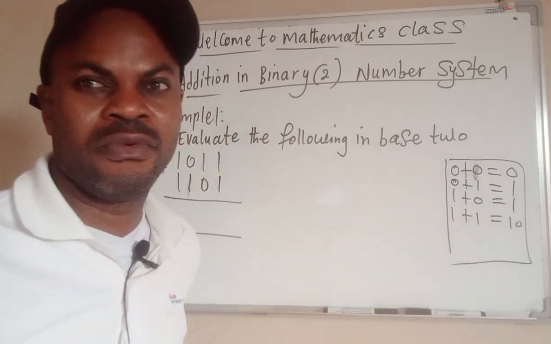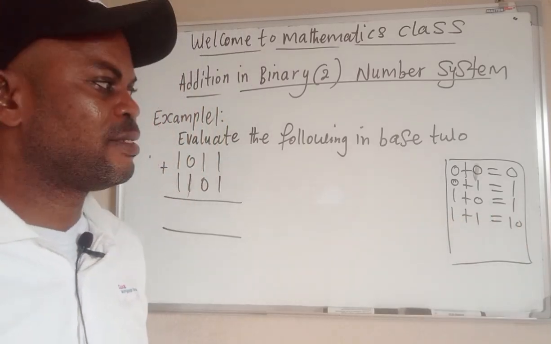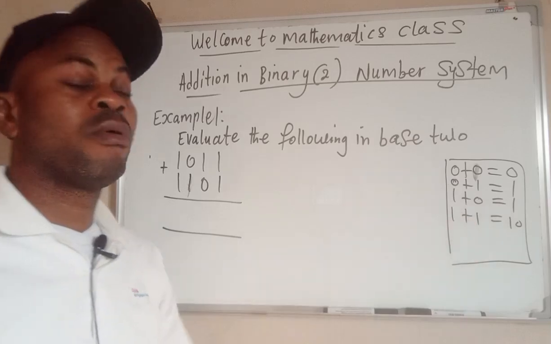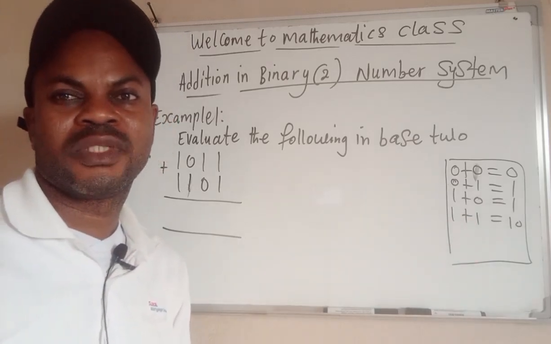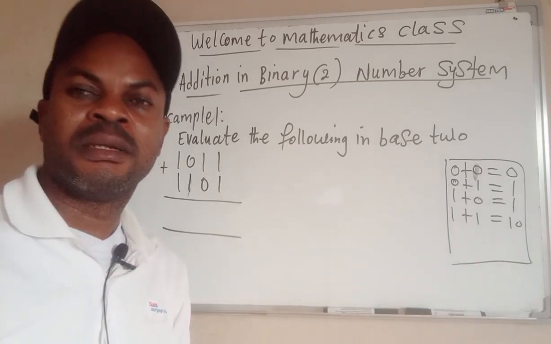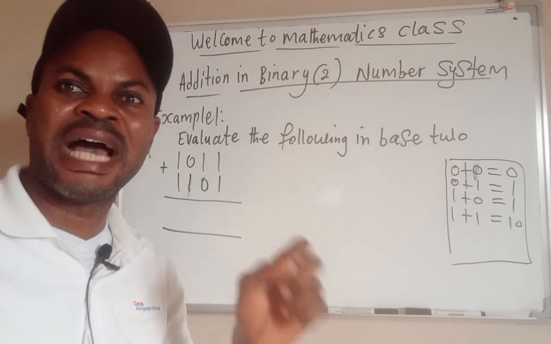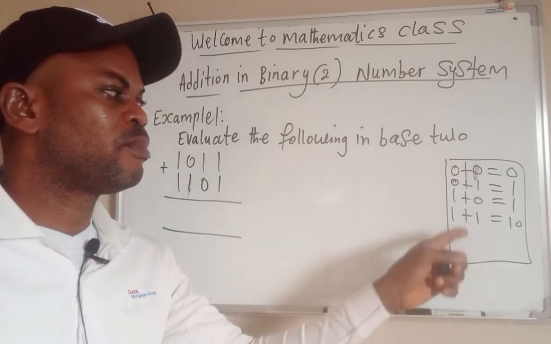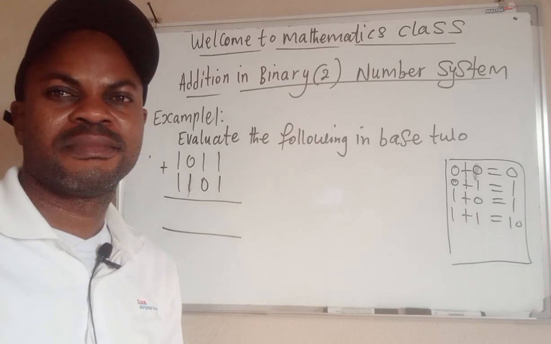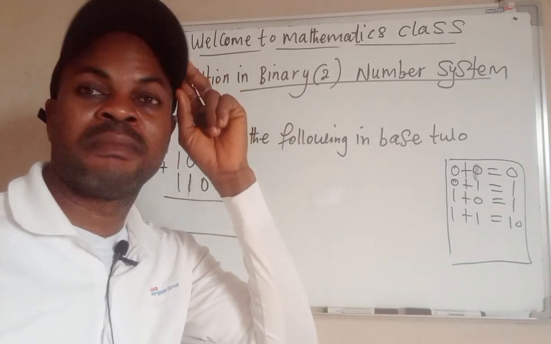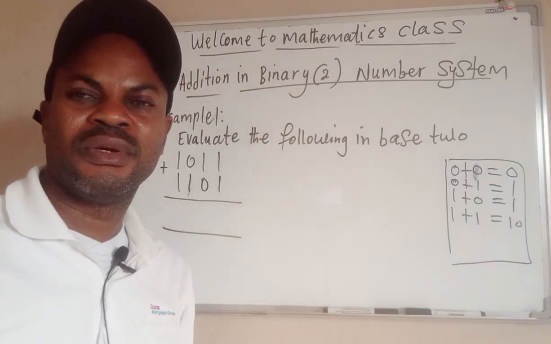Those of you who are novices in mathematics may be surprised. How come someone is saying that 1 plus 1 is 10? But that is what it is in number base addition. 1 plus 1 is equal to 10. Some teachers may advise you to cram that, but it's not really necessary.